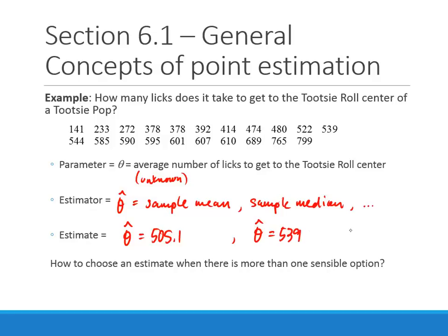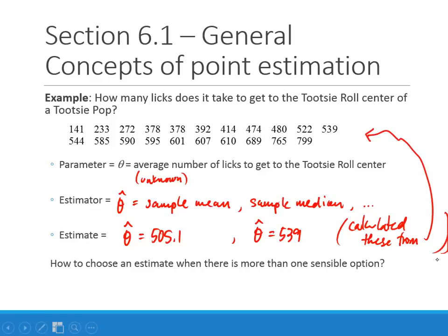And so the point is that I've calculated these things from my sample up above here. Okay, so the distinction there is the estimator is, I've chosen a particular statistic, and the estimate is what the value of that thing actually is.